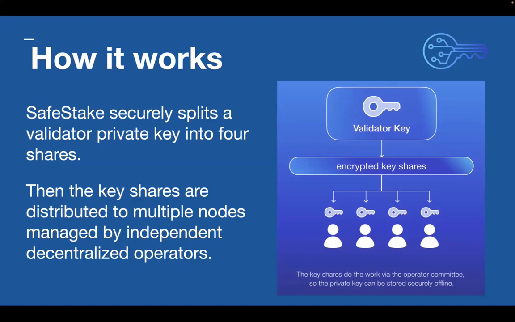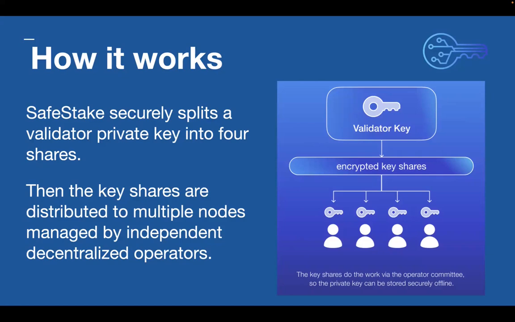Essentially, the protocol takes a validator private key and splits it into 4 shares. Now we have 4 encrypted key shares, and those key shares are distributed to multiple nodes, and those nodes are managed by independent decentralized operators.